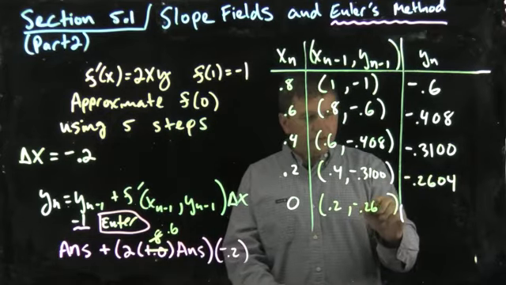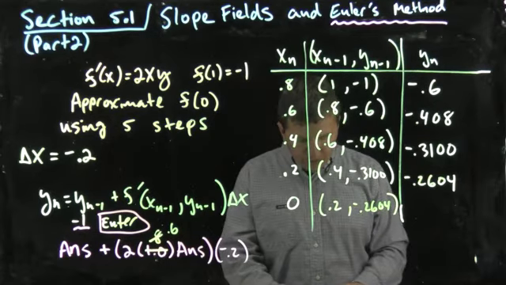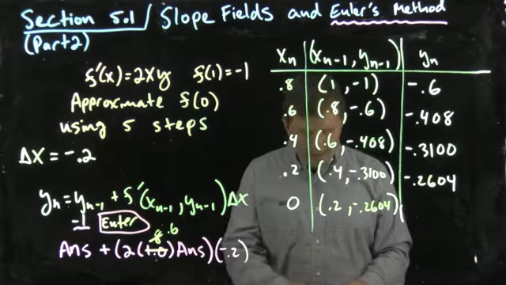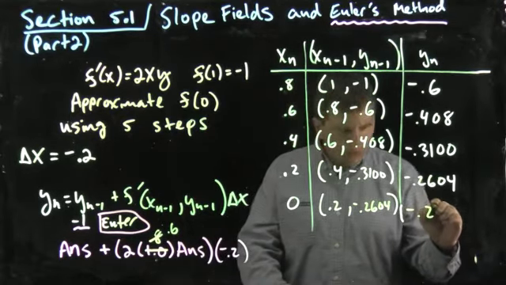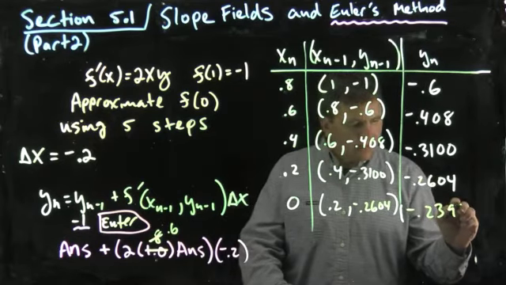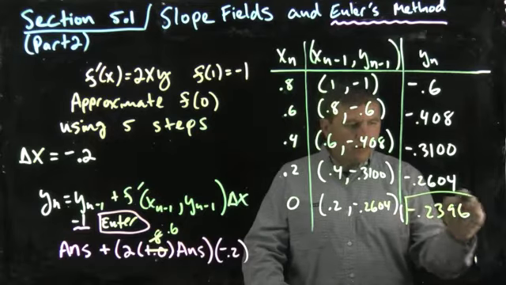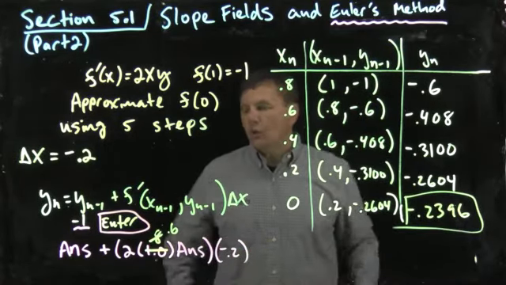Negative 0.2604 comes down. Second enter. All we have to do now is change the x to 0.2. Hit enter, and we get negative 0.2396. That will be a perfectly fine approximation. So that is Euler's method.